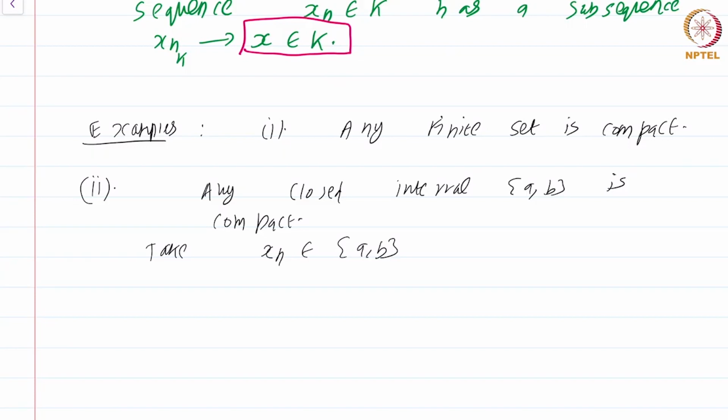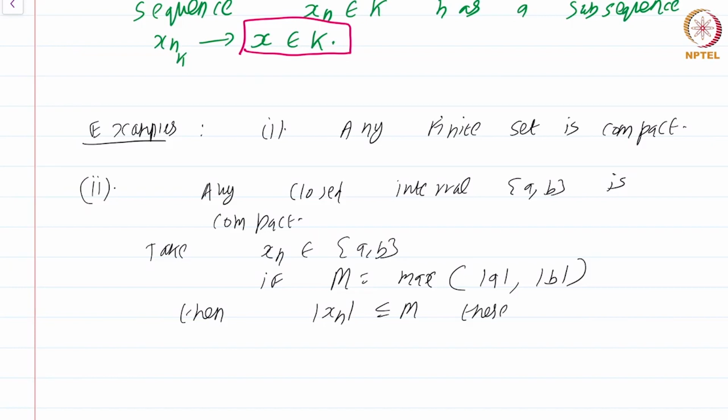I have not yet defined what a bounded set is, but because the x_n's are all coming from [a, b], we can see that if capital M is the maximum of |a|, |b|, then |x_n| is less than or equal to capital M. Therefore, x_n is a bounded sequence.